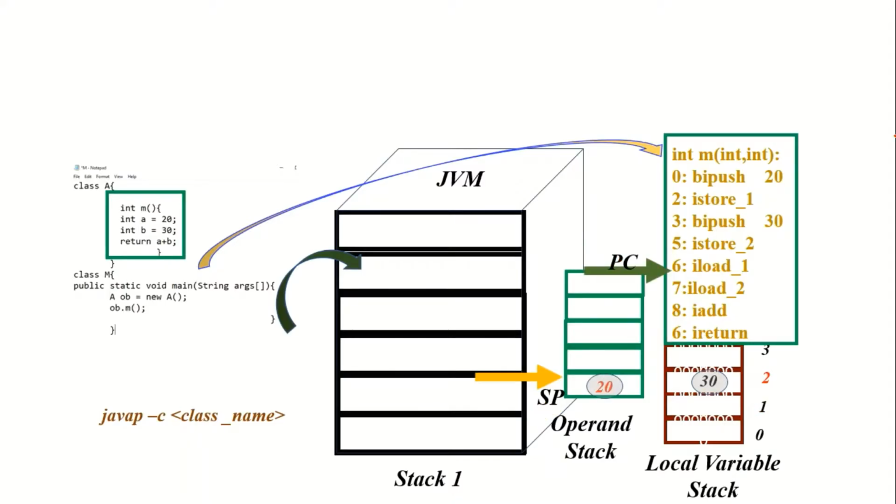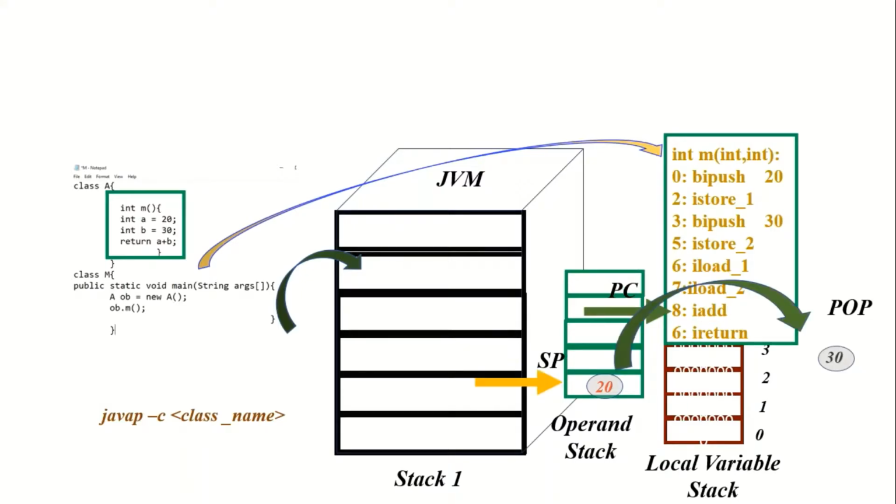Then the next term is loading. Loading means again load the item from the local variable stack to the operand stack. Then again 30 is loaded, and then we will perform the addition operation, which is known as the add operation. How is the add operation performed?